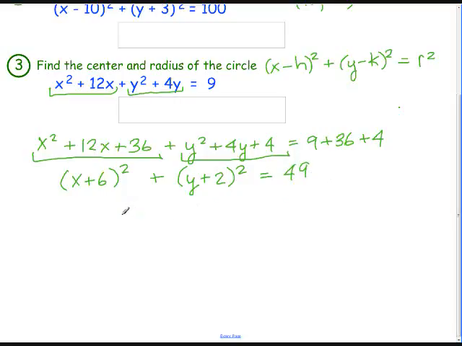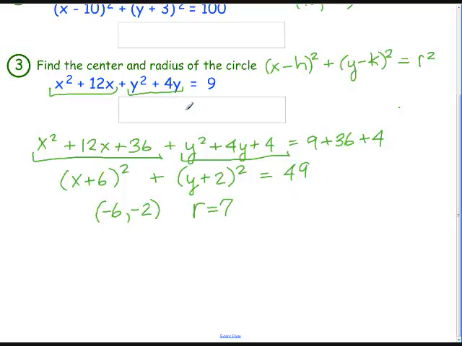So, just by doing that, I know where my center is. My center is at x minus h, my center is at minus 6, y minus k, minus 2. That's my center. And my r, this is r squared right here.